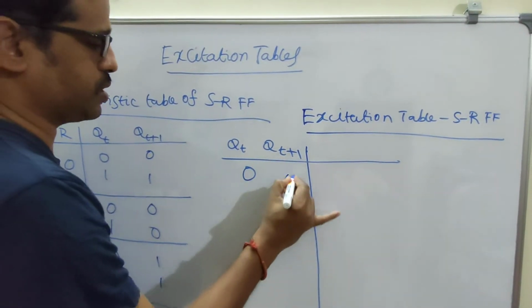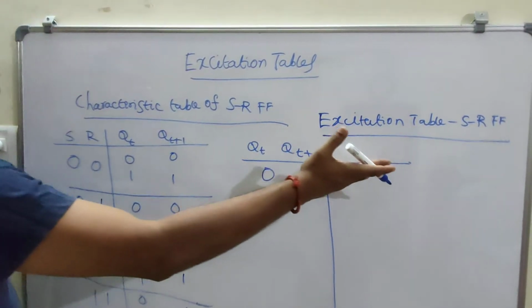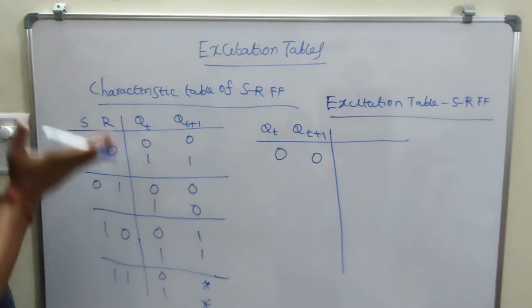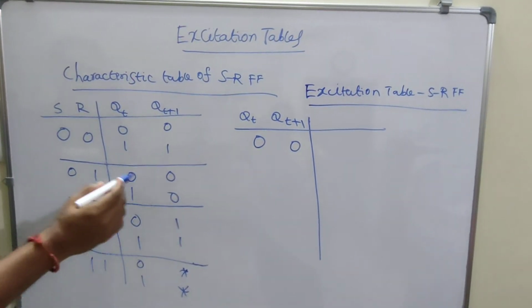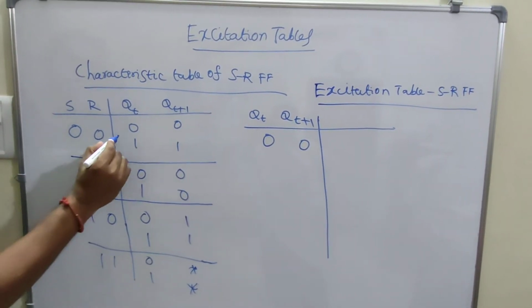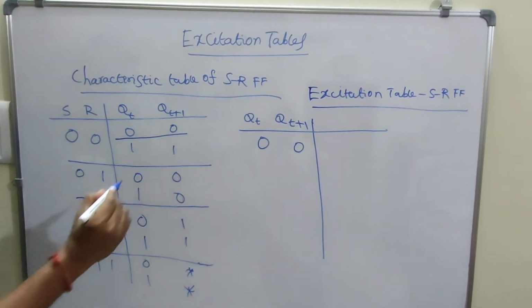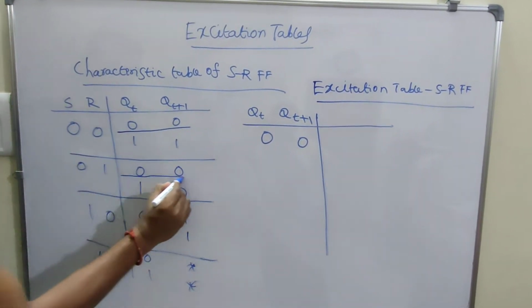So the first one is 0 0. Now we find the excitation table based on the characteristic table. Just look for the 0 0 combination in Q(t) Q(t+1). It is coming in two different combinations, right?